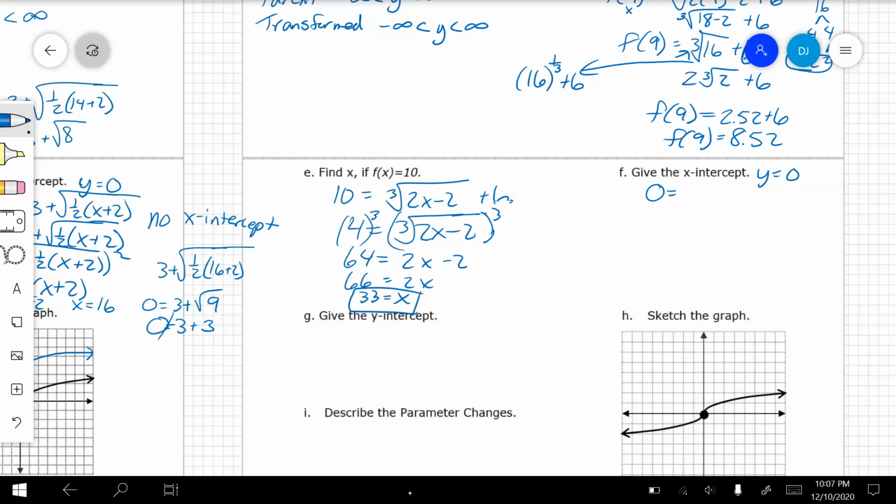So it's 0 equals the cube root of 2x minus 2 plus 6. Subtract 6 from both sides. We have negative 6 equals the cube root of 2x minus 2. Next step, I'm going to cube both sides.